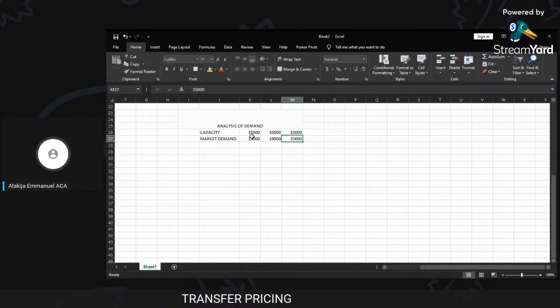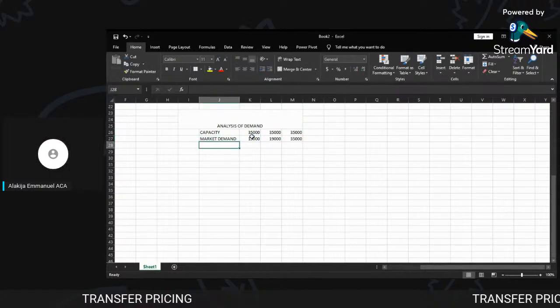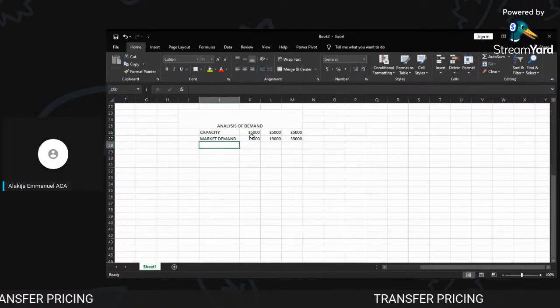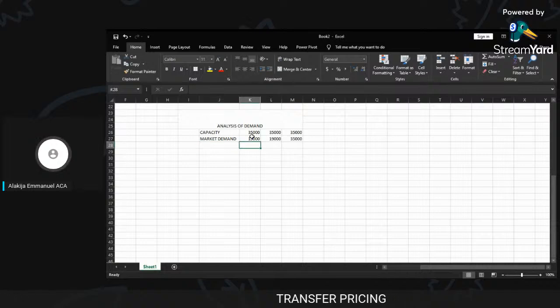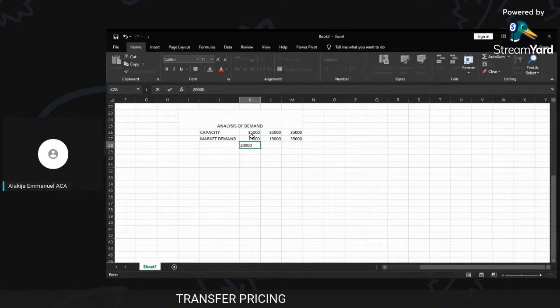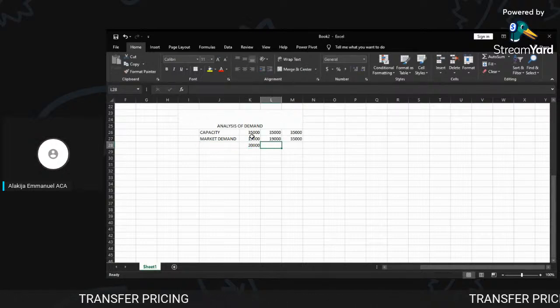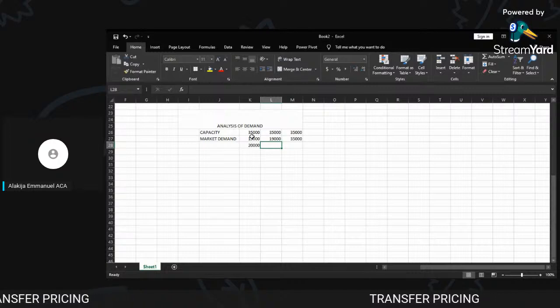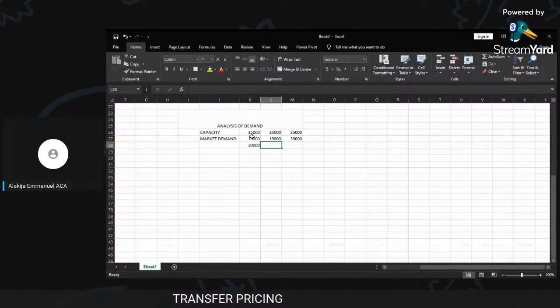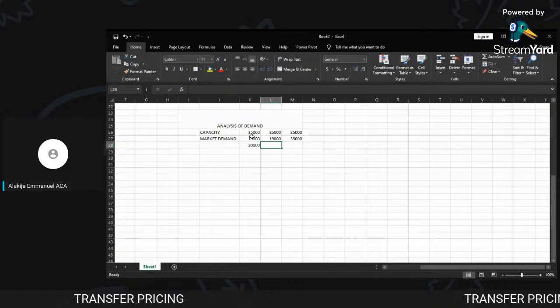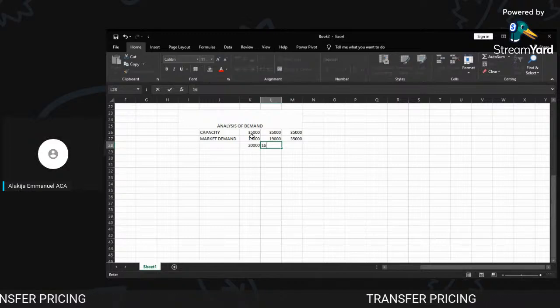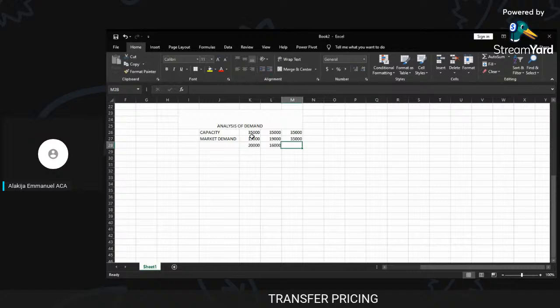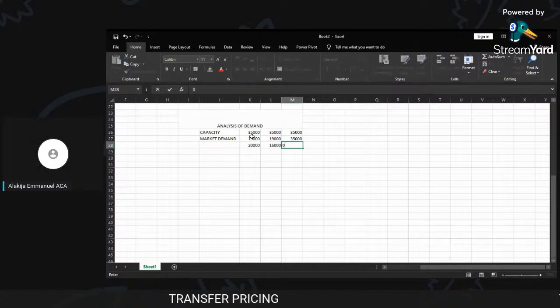So when we deduct the demand from capacity, here we have 20,000, here we have 35 minus 19, which is 16,000, and here we have 0.